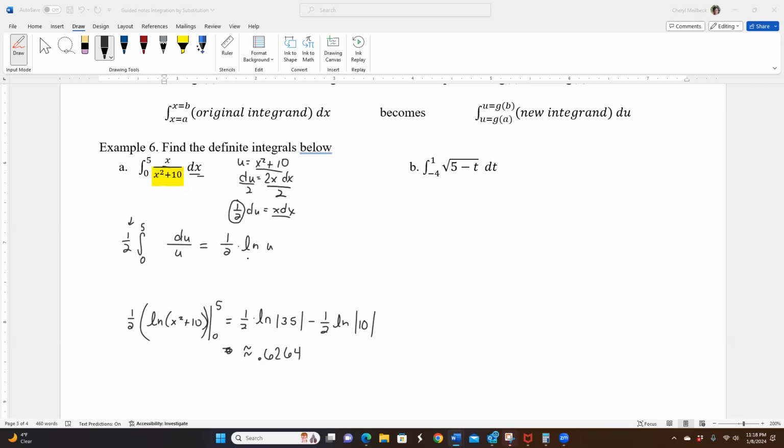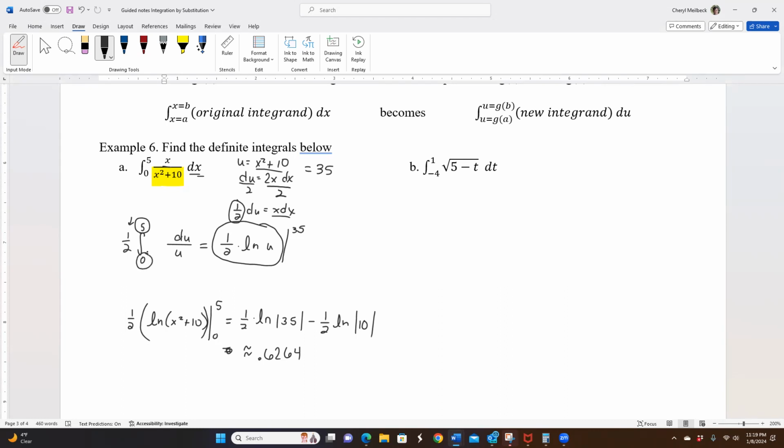Now, if we would have left this function in terms of u as we had here, then we could use the new bounds of integration, which would be, if we substitute 5 into x squared plus 10, we're going to get u for my upper bound would be 25 plus 10, or 35. So 35 is our upper bound.